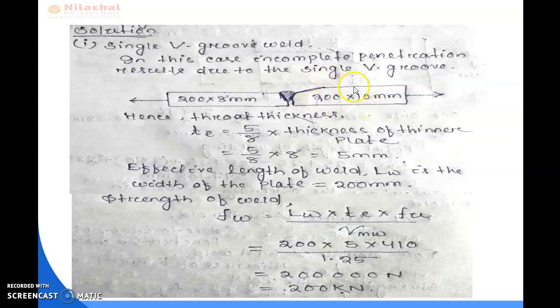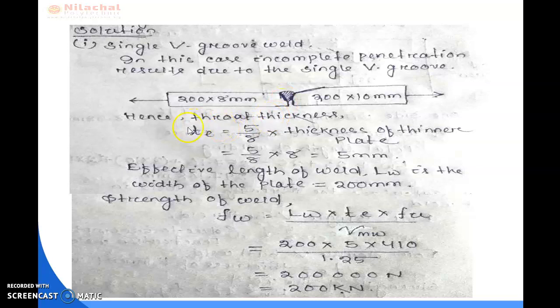Because the thickness of these two plates is uneven, in the bigger plate we have to give a slope and cut this part to equalize the thickness of these two plates for the suitability of the welding connection. So you can see this upper part is given by single V butt weld or single V groove weld.